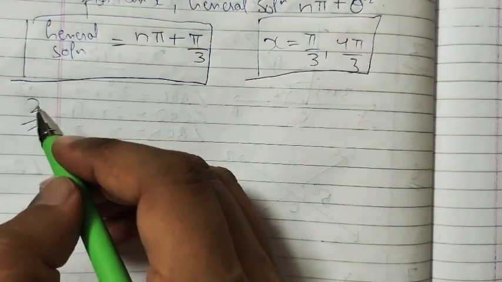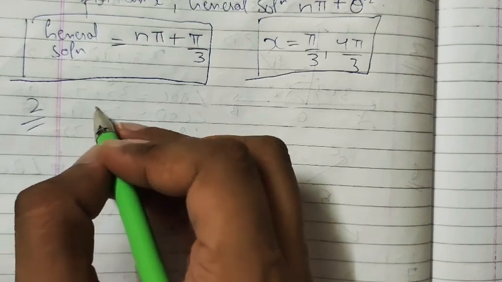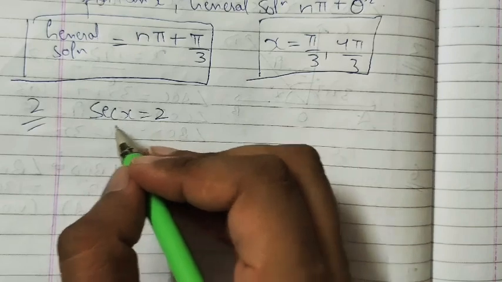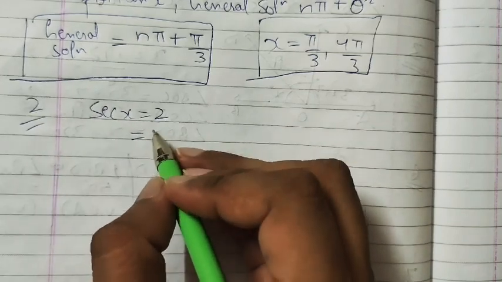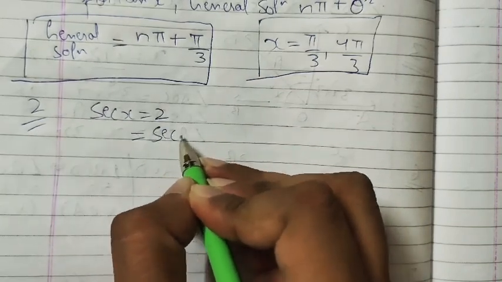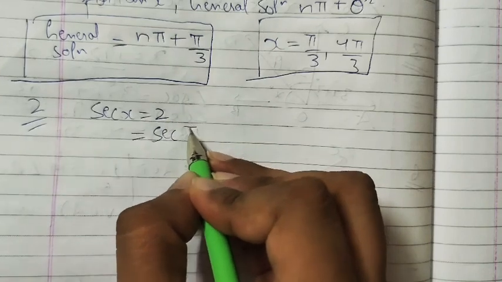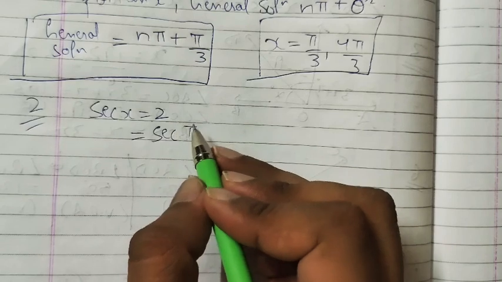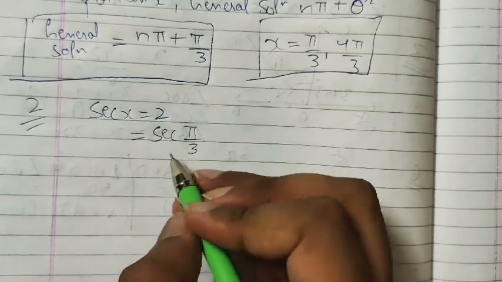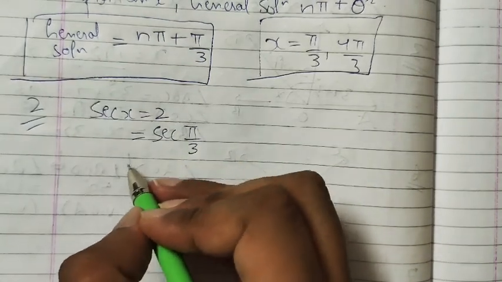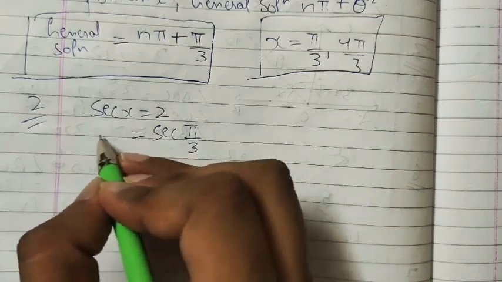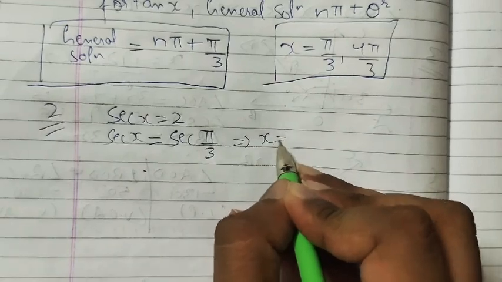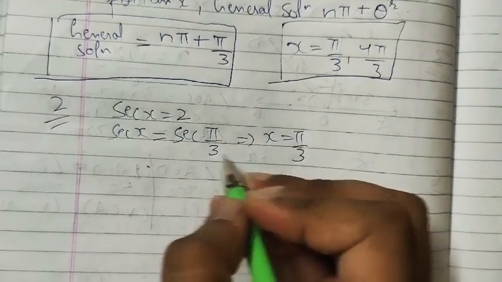So in question number second, sec x is equal to 2. So sec x is equal to 2. Now sec value is 2 when at sec pi by 3 it is 2, right? Because cos 60 is 1 by 2, so pi by 3. Similarly sec is positive in fourth quadrant also, so sec x is equal to sec pi by 3. This implies x is equal to pi by 3, right?